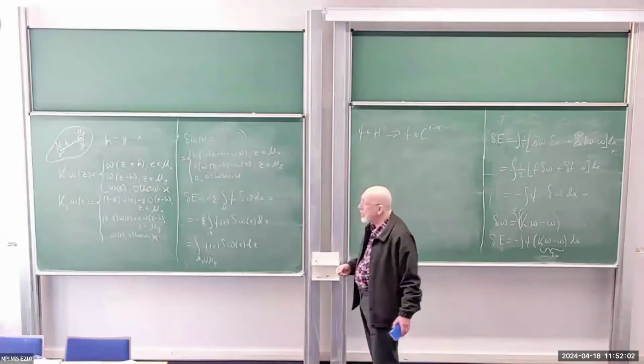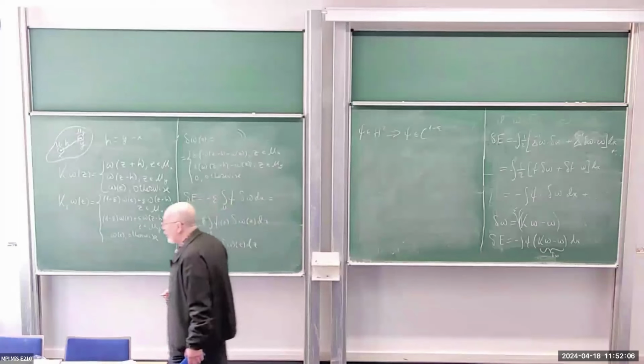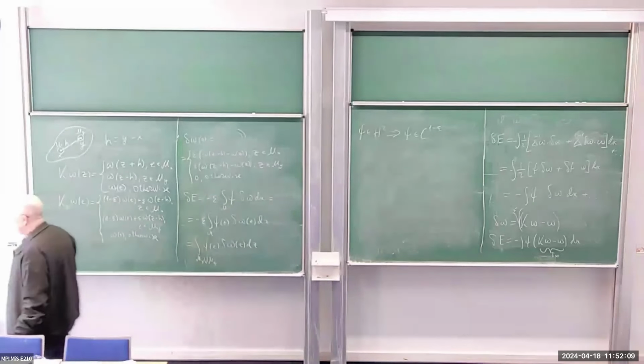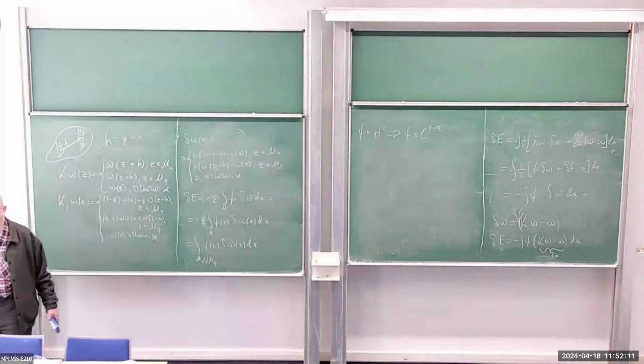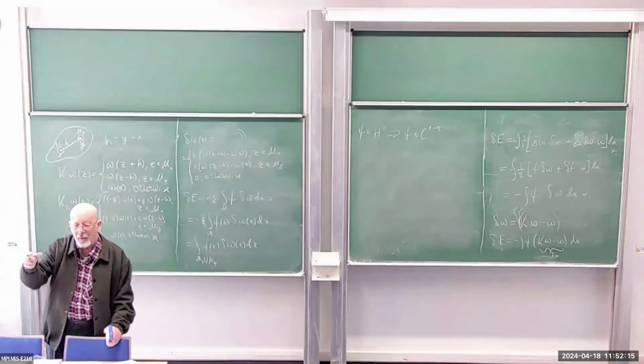Delta omega is an L2 function, but due to the Lebesgue density theorem, for almost all points it has a definite value.